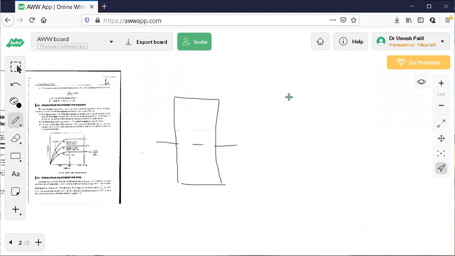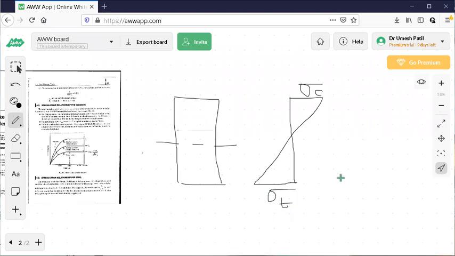This is the neutral axis line. This is the stress diagram. This is the maximum compressive bending stress produced. This is the maximum tensile stress produced.